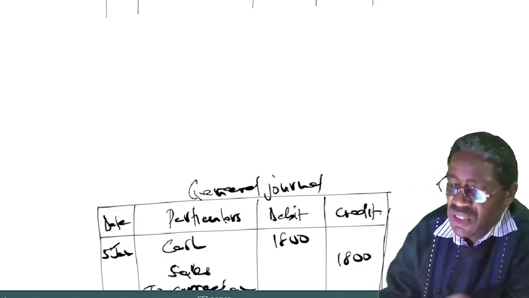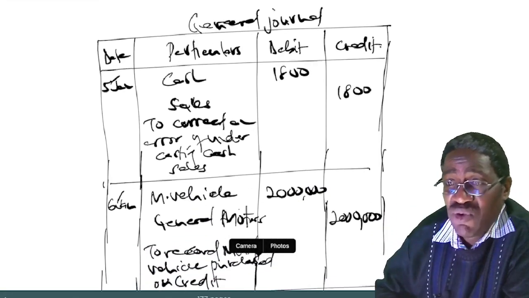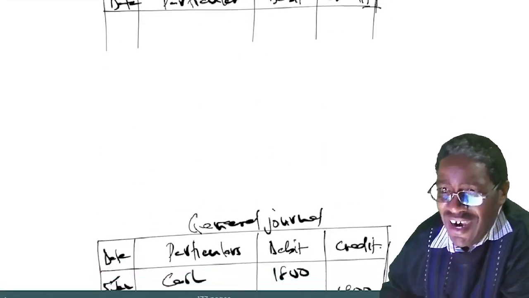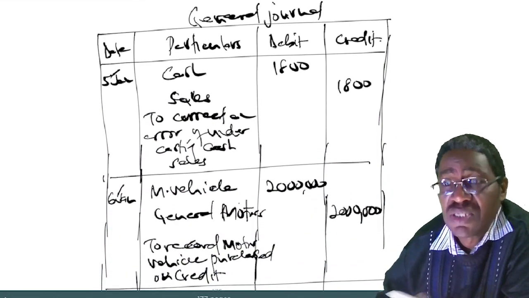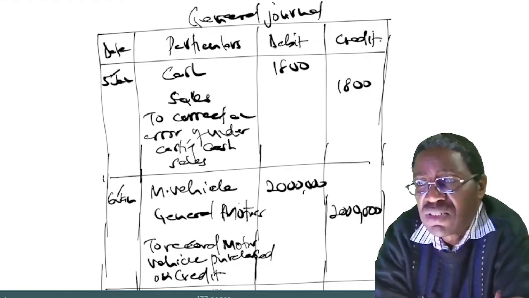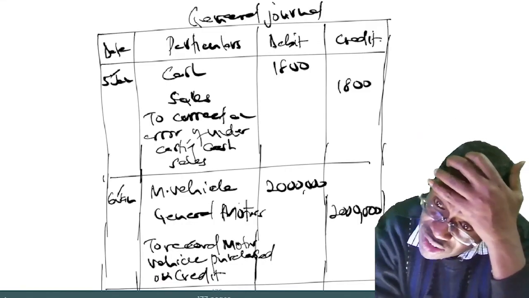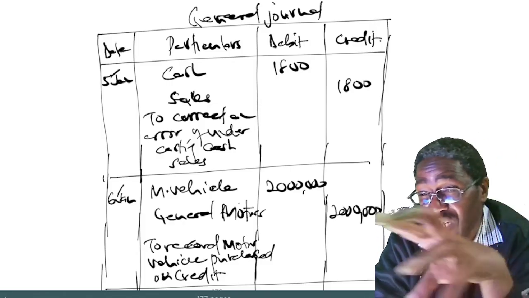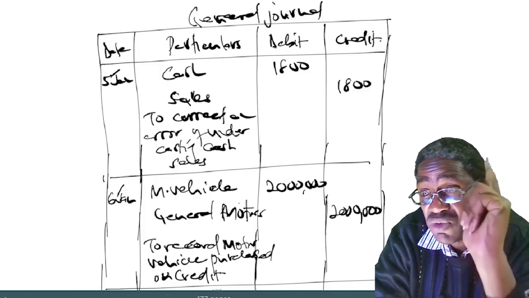Good. So let's use those two to just illustrate. I have used them so that I don't have to write another journal. So just copy that very fast. Those are the two. The first one was cash sales of 2,000 recorded as 200. You must have debited cash by 200 instead of 2,000.